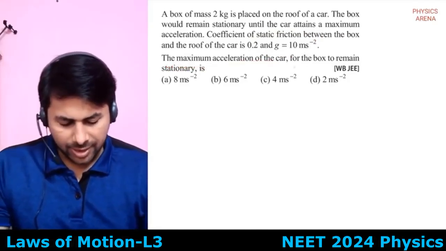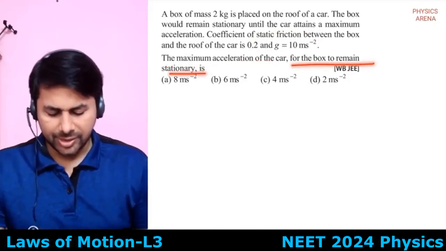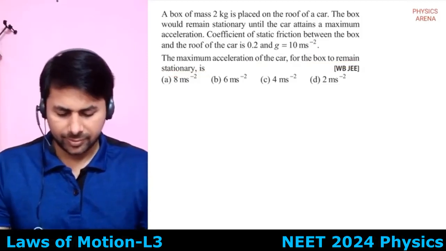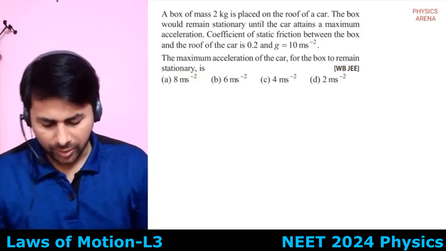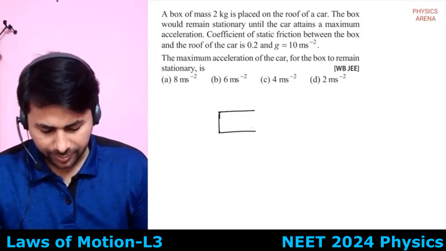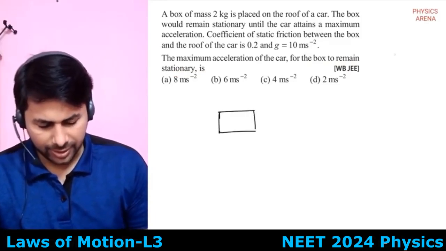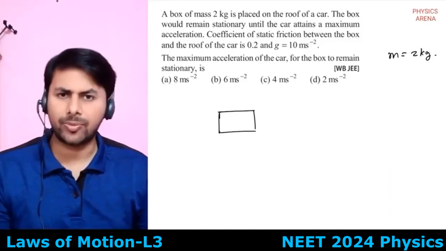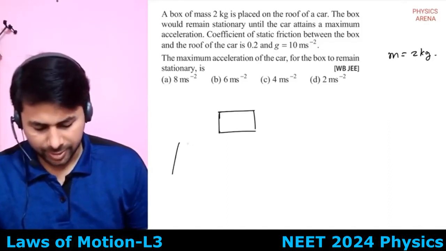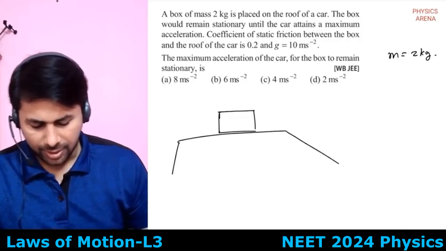The maximum acceleration of the car for the box to remain stationary is? So see, what do you have in this question? You have a box whose mass is m equals 2 kg. It is kept on the roof of a car. So this is a car, suppose.